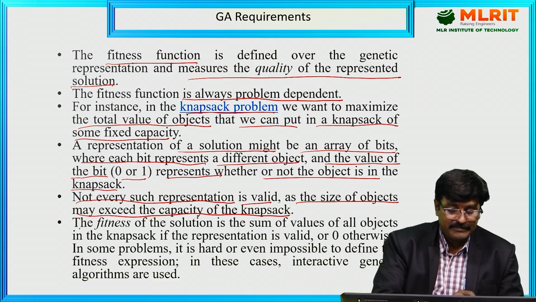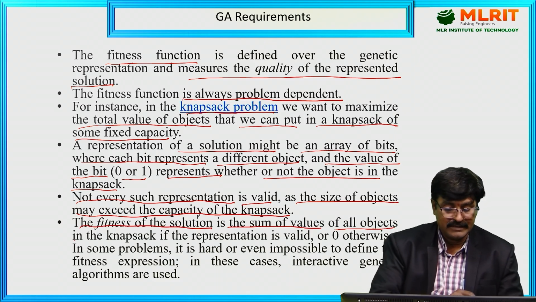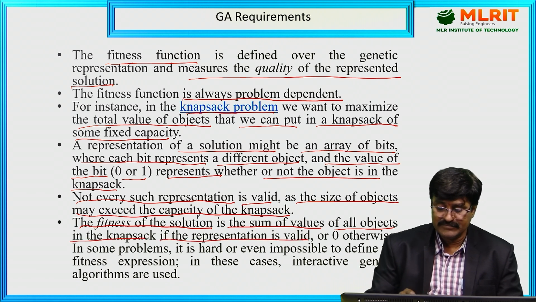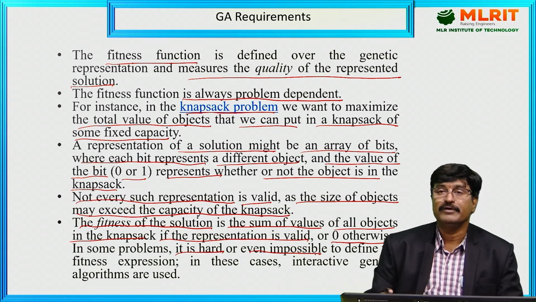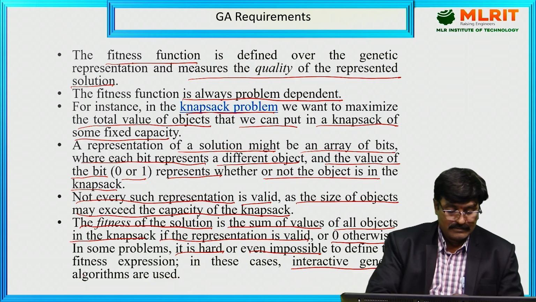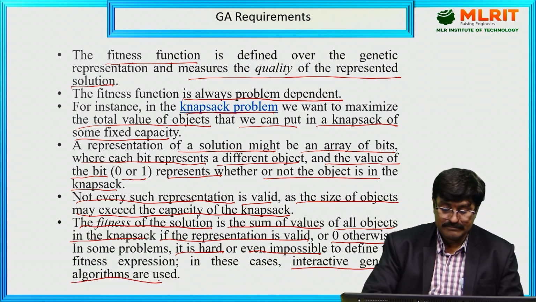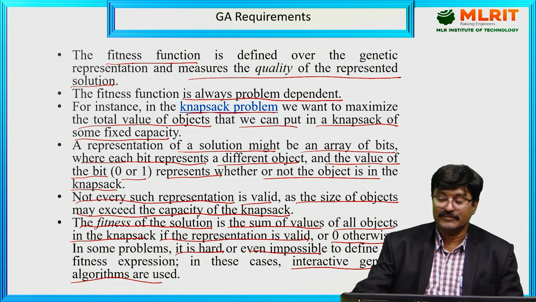The fitness of the solution is the sum of values of all objects in the knapsack if the representation is valid, or zero otherwise. In some problems, it is hard, even impossible, to define the fitness expression. In these cases, interactive genetic algorithms are used for that purpose.